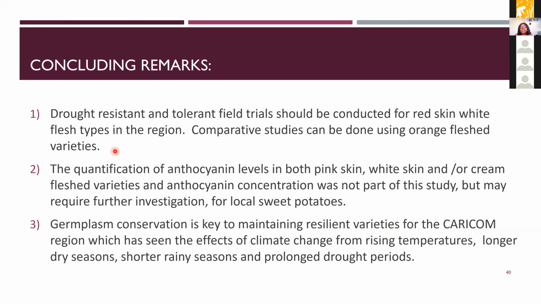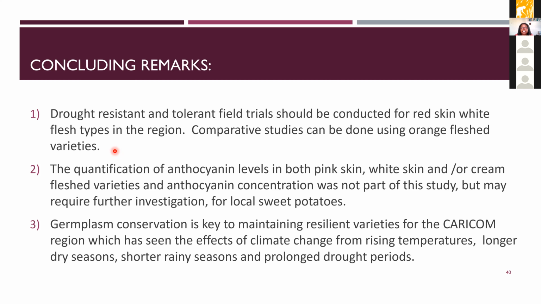And I am pleased to note that this has begun in Jamaica. And it's interesting that I saw in the early presentation that ganja and uplifter fit the bill, and actually our studies match some of what is going on in Jamaica. We now need to look at the other varieties I've talked about, like hockey and Reggie and so forth from Grenada, and those can be compared with the orange flesh varieties, which in many instances have been newly introduced from SIP into the region, and see how they perform in the field.